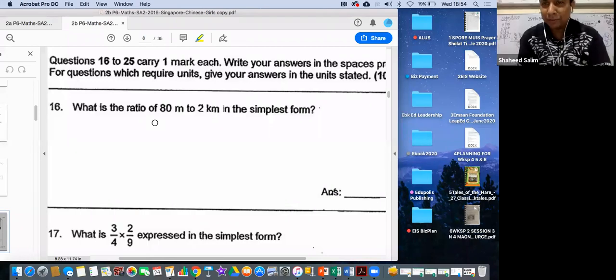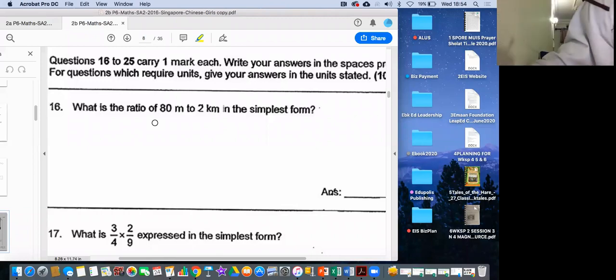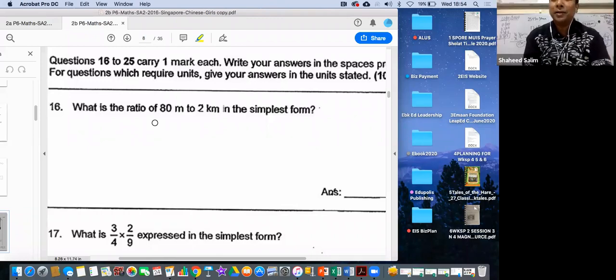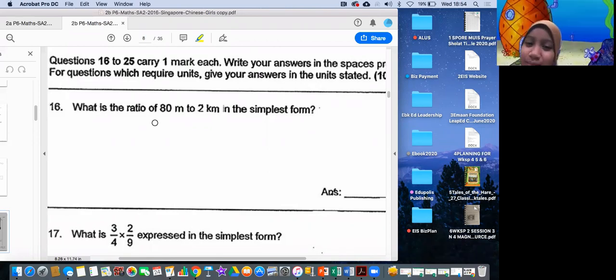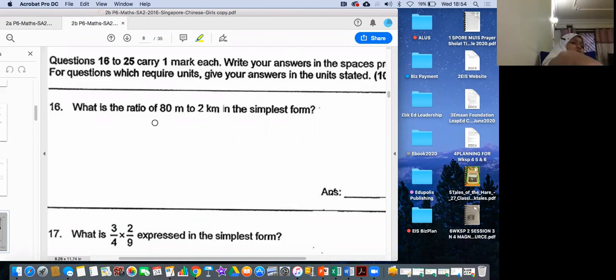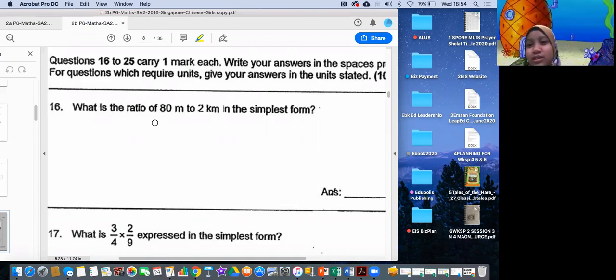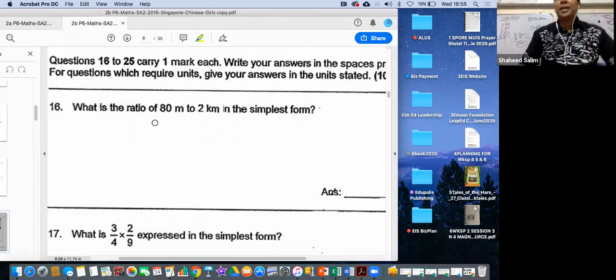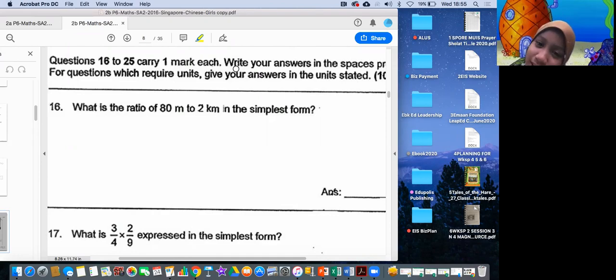Have you done the 1.6 km run? Wait, only 2 is to 1? How come you get 2 is to 1? Wait, 2 kilometers is converted to what? You have to divide by 1,000, right?